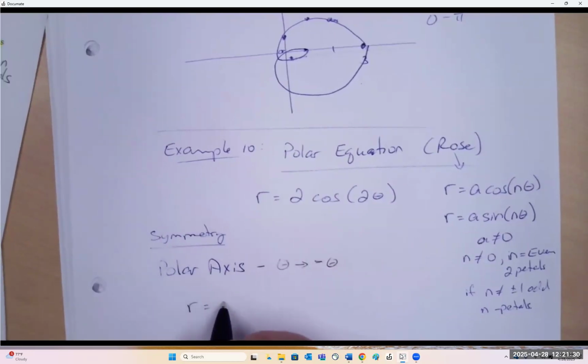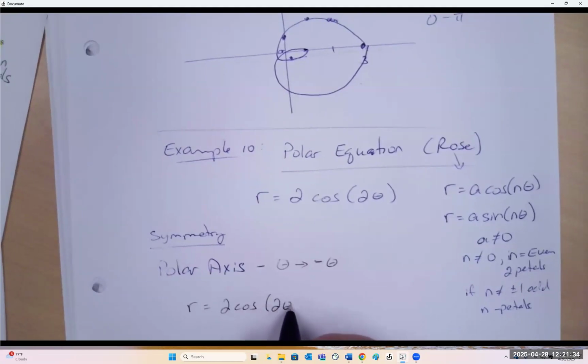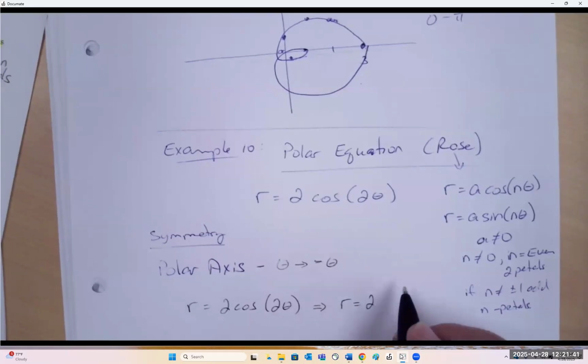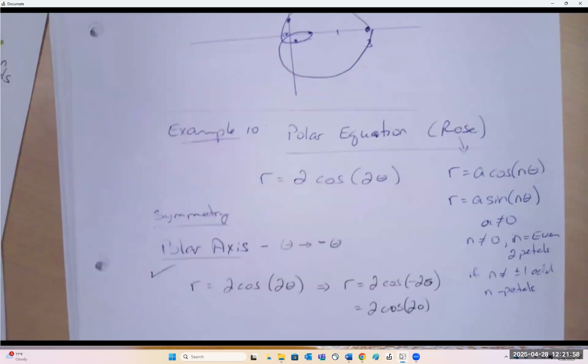So we have r equals 2 cosine 2 theta, r equals 2 cosine negative 2 theta. Because it's an even function, it passes the polar axis test.